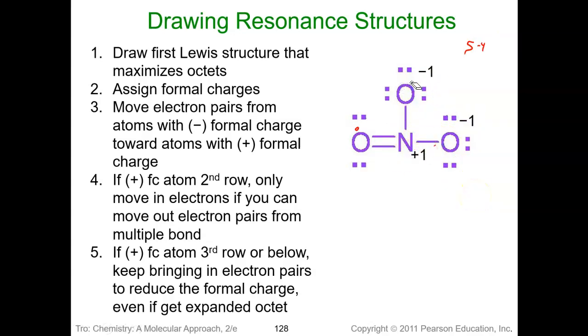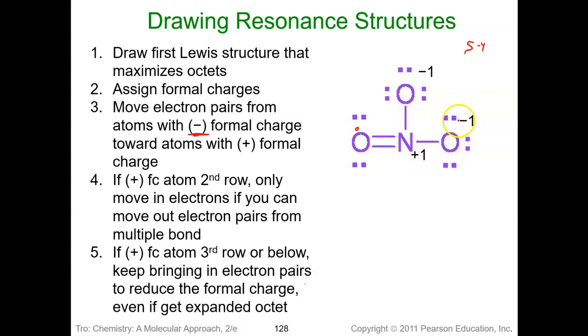Now, here's a way to draw resonance structures. You can do it, I call it artistically, or you can do it systematically. Whichever one works best for you is fine. I'm going to do it systematically because I'm going to give you these steps. So you move the electron pairs from the atoms with a negative formal charge towards the atom with a more positive formal charge. So what does that mean? Here's a negative formal charge, here's a positive formal charge.